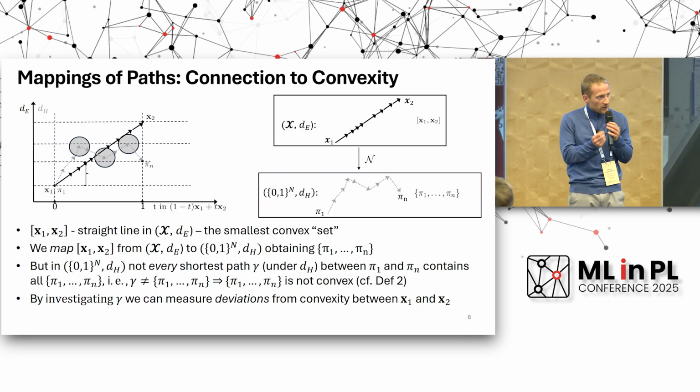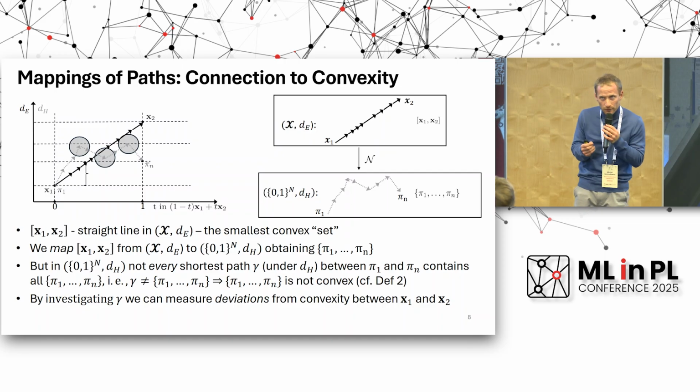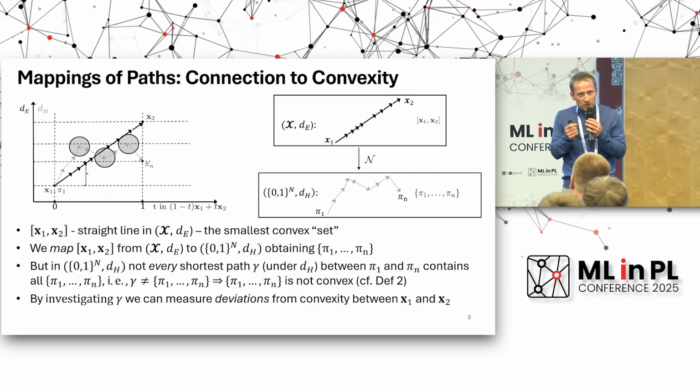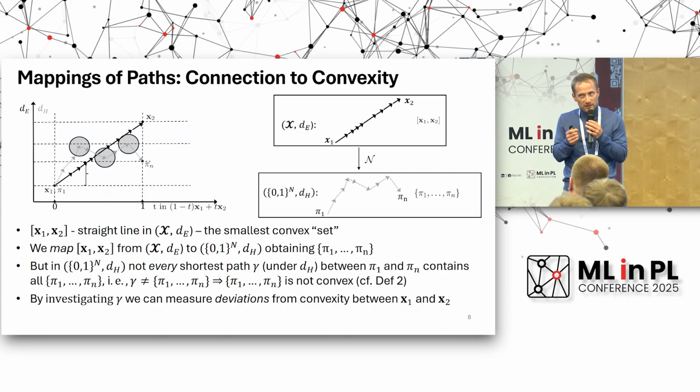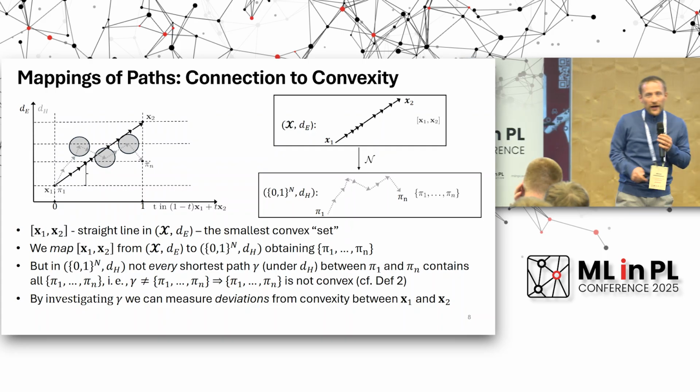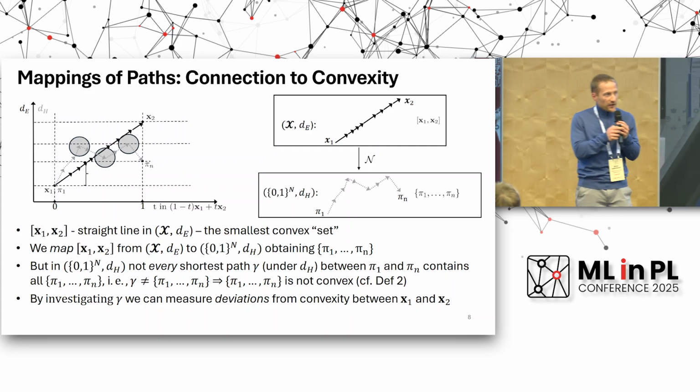Which means that the sequence of activation patterns is not convex in the sense of definition 2. Which then means that we can measure deviations from convexity between the two points x1 and x2. All right. We have a connection to convexity.